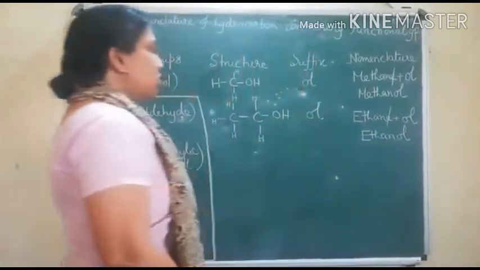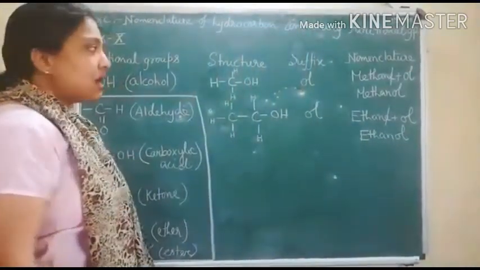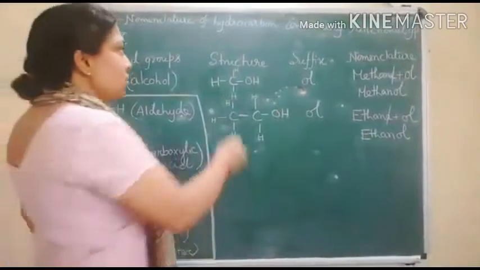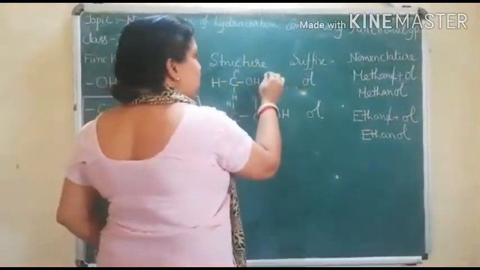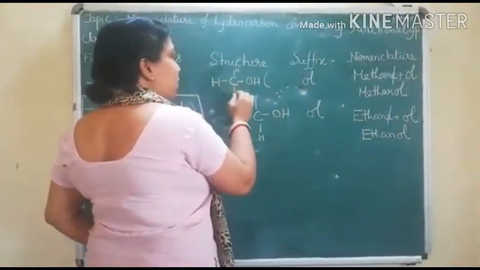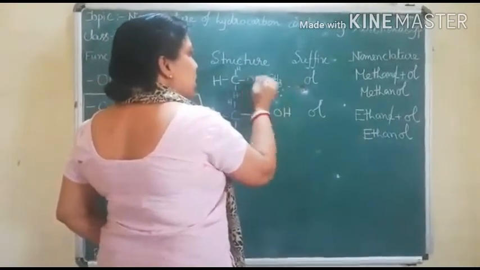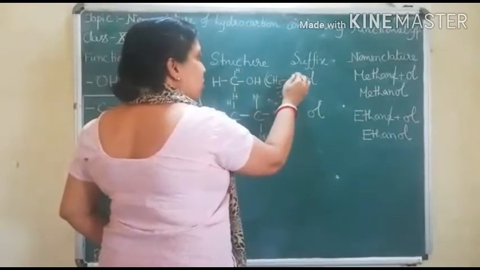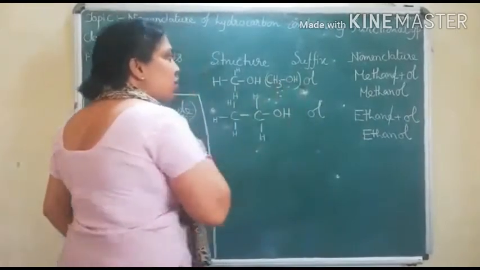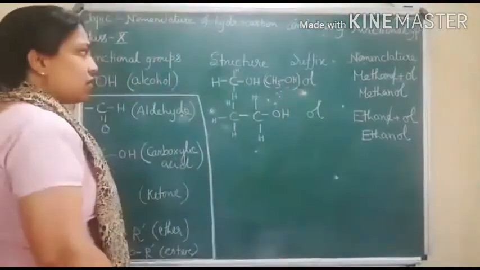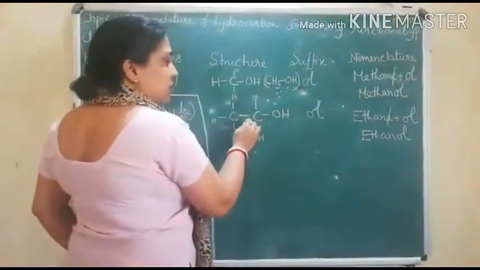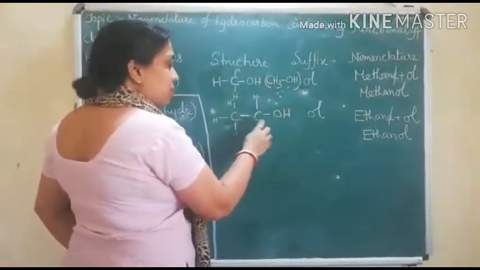With this you can write in brackets the formula also, structure as well as formula. What will be the formula? How many carbons? 3 hydrogens, so it is CH3, dash, means bond, OH. So this is the formula of methanol. Then next, how many carbons? 2 carbons.